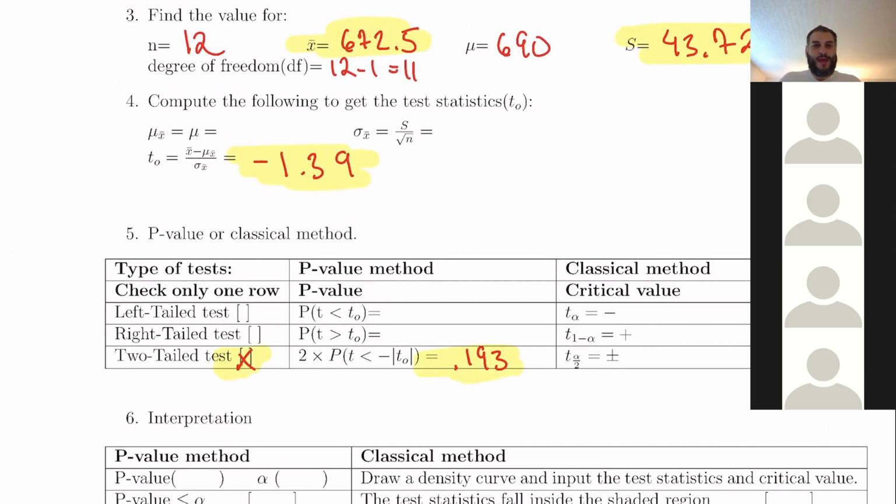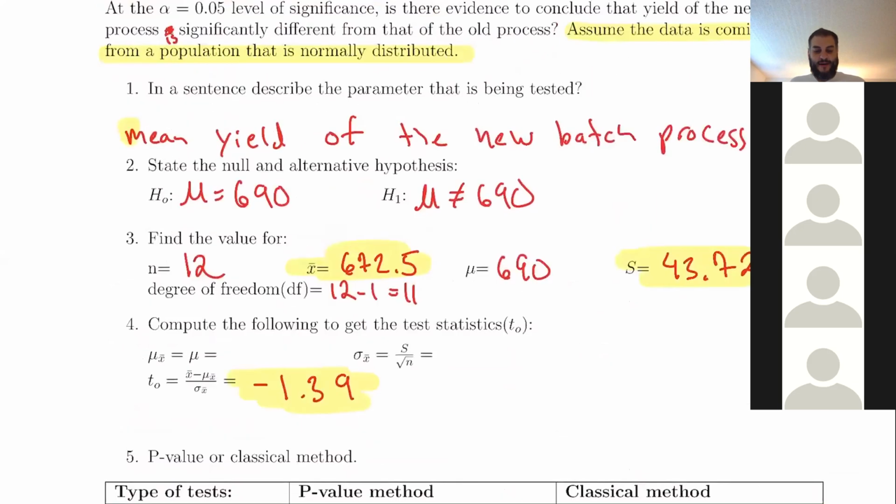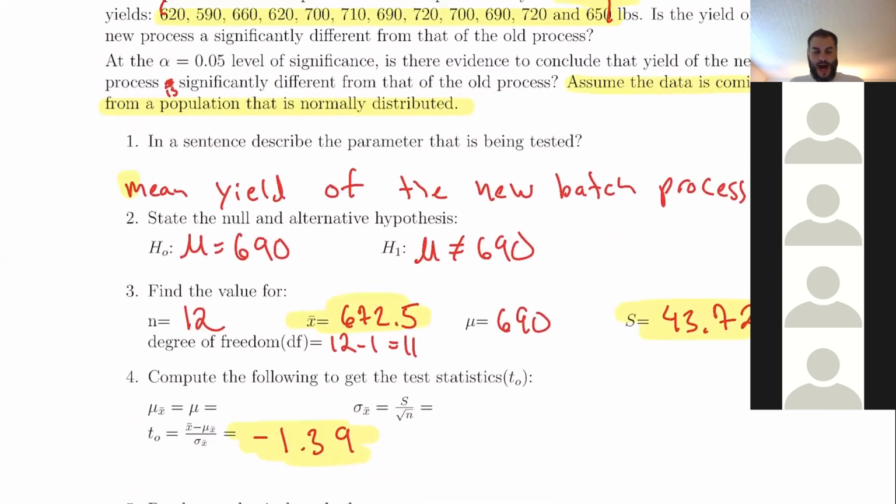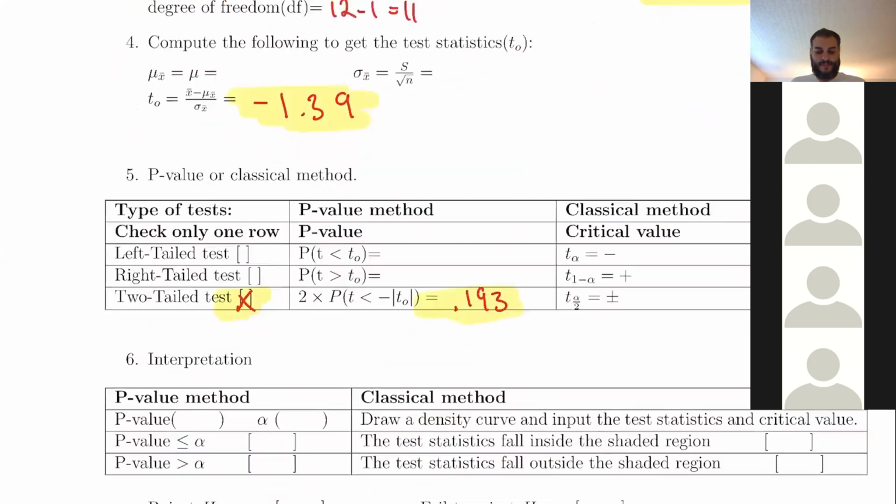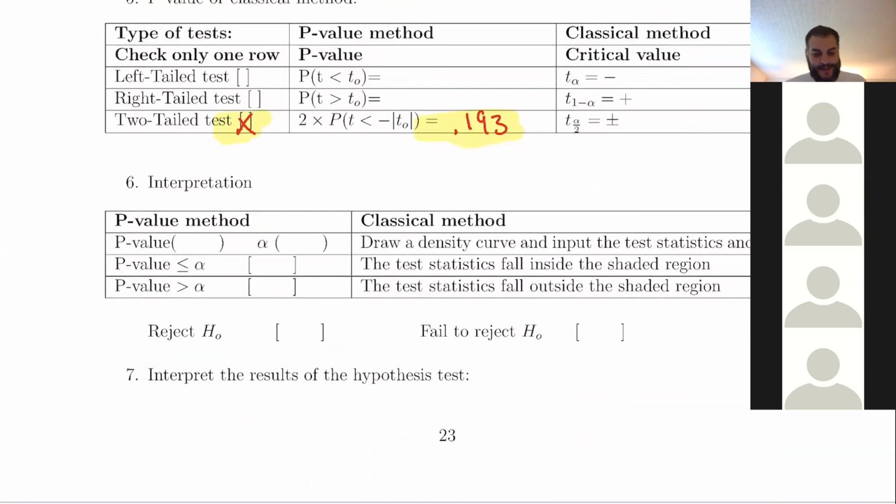All right. So let's go ahead and compare our p-value to our alpha. Our alpha was given to us as 0.05. If you look at our p-value, it was 0.193.